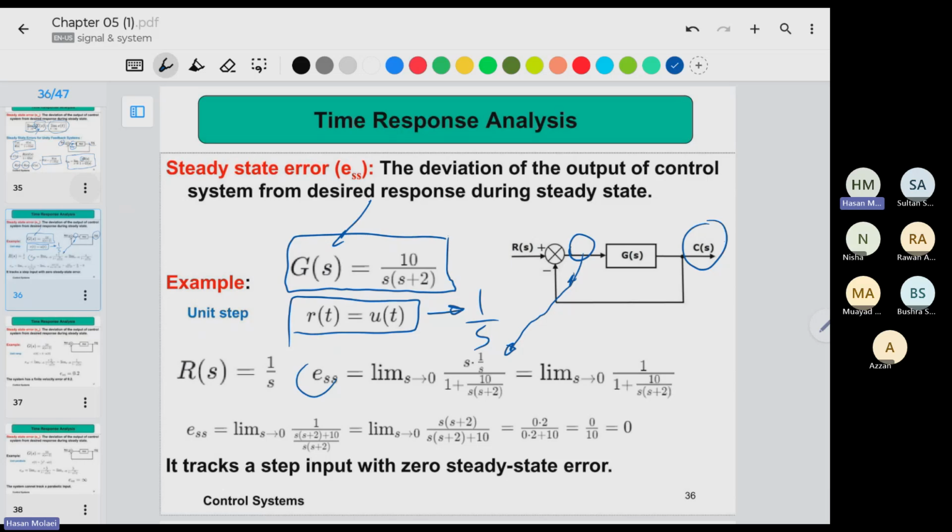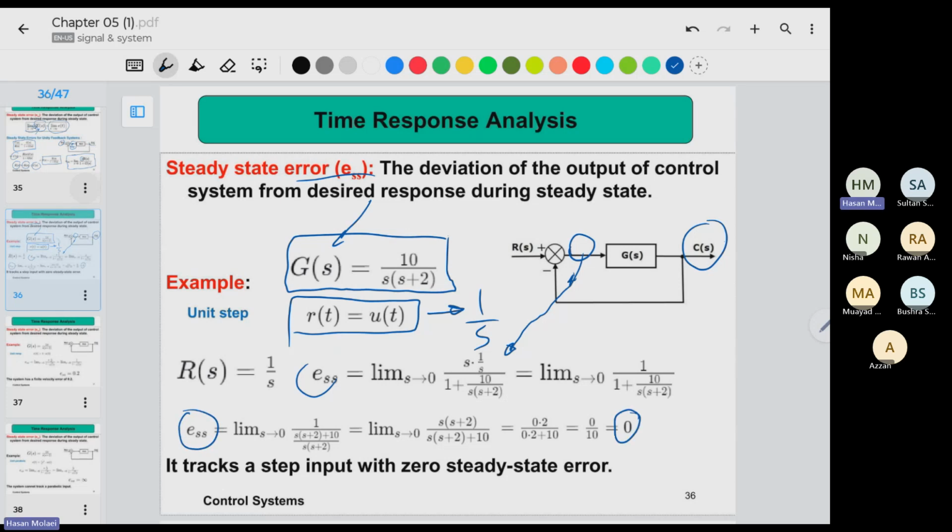But we don't care about the transition. We just want to see the error at the final stage. So we multiply the whole transfer function by s, and then take the limit as s goes to 0, right? And for this case, you will see that the final error would be 0, right?